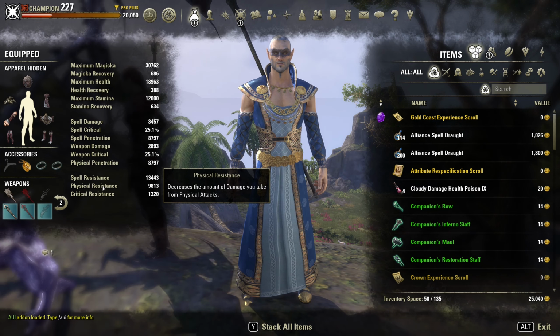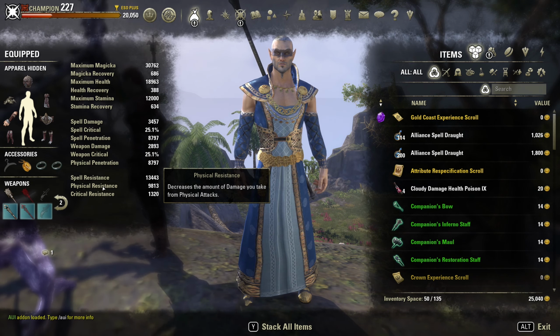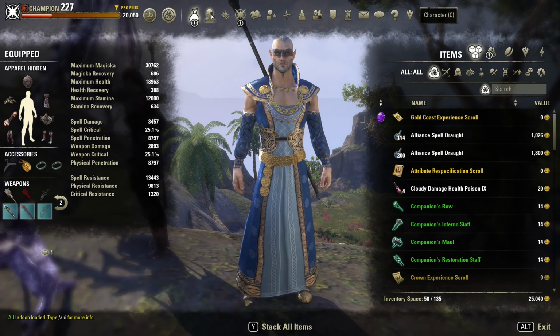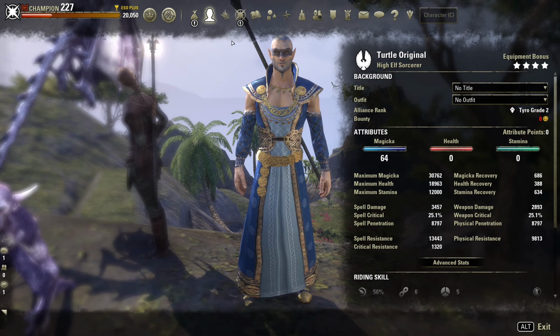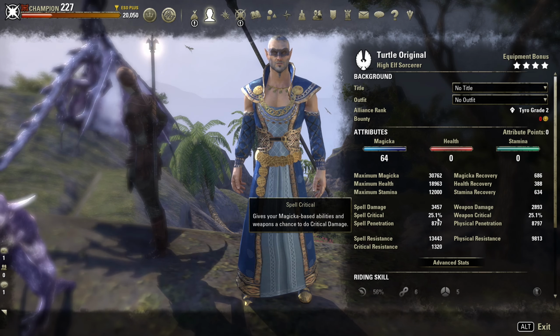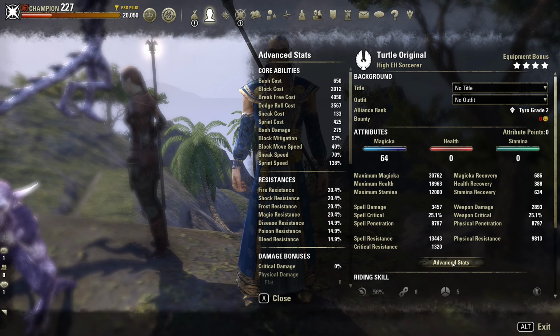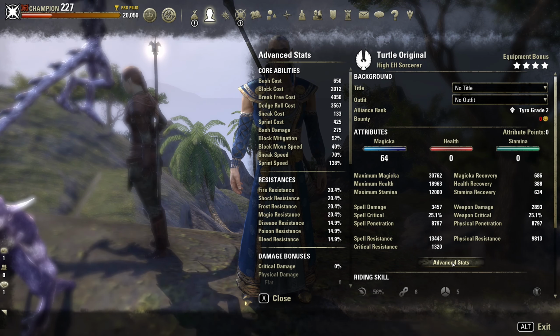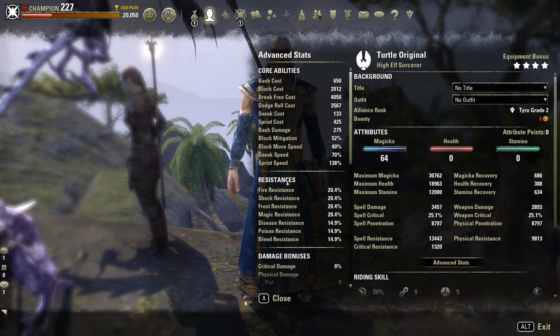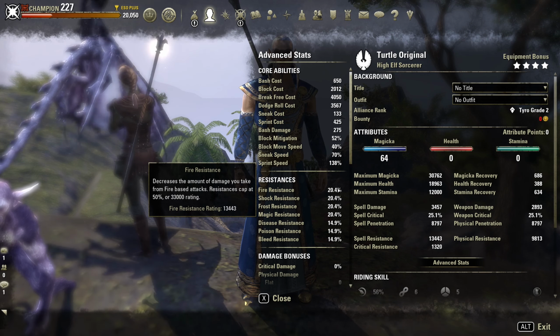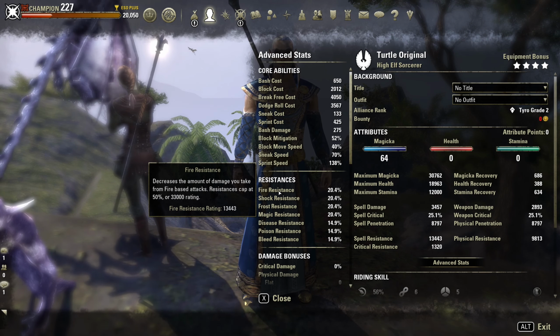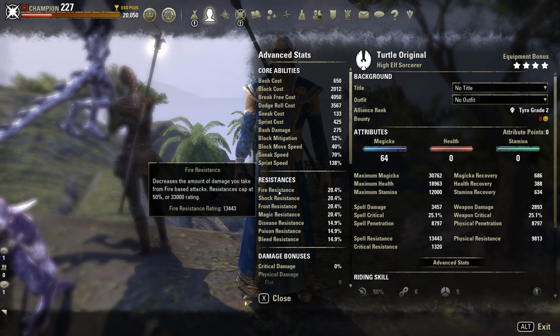I was so lost, but there is actually more information you can find on those pages if you go under character. And then, because there is still nothing, you need to open advanced stats. And after that, slightly camouflaged, but here, resistances, and you can see the percentage, and you can hover over it, and there is more information.